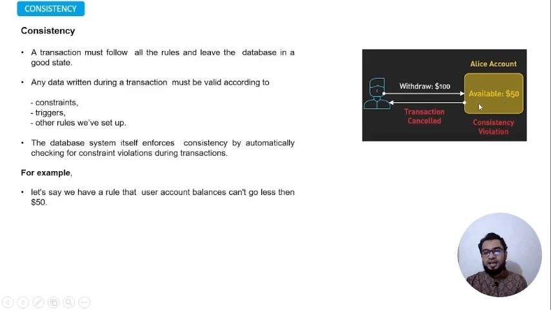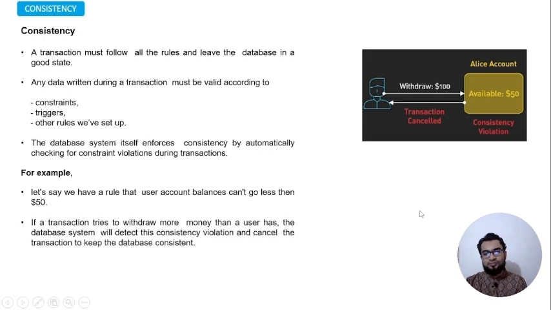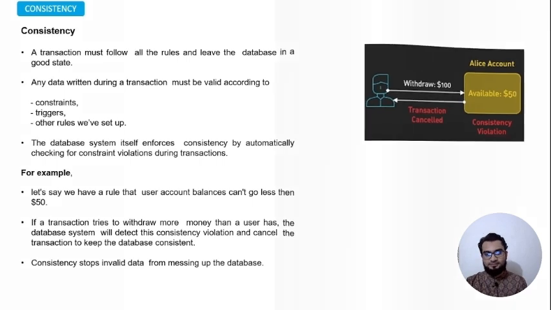Now, if Alice's account has $50 and we want to withdraw $100, it will be a consistency violation. So the transaction will be cancelled to avoid violating consistency. So consistency stops invalid data from messing up the database.